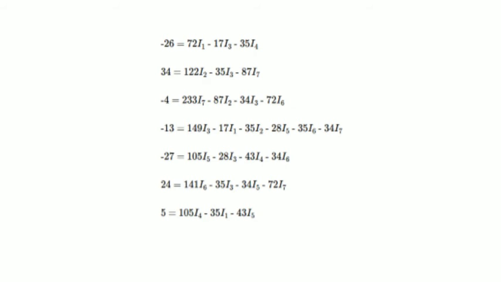What are the individual currents from I1 to I7?